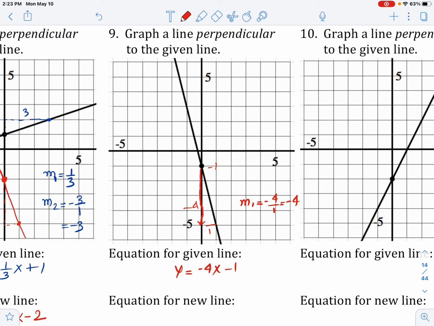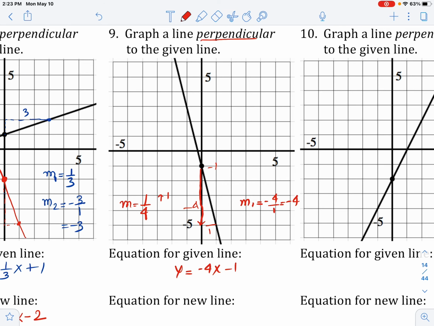That's my y-intercept. And if I have to draw a perpendicular line, it means m2 is going to be opposite of that. So negative 4 will become 1 over 4. Flip it and make the opposite sign. So that's going to be the slope, means you have to go right by 4 and up by 1.